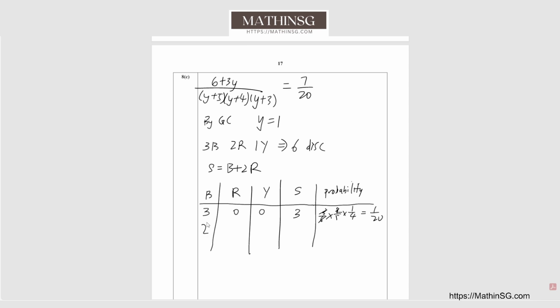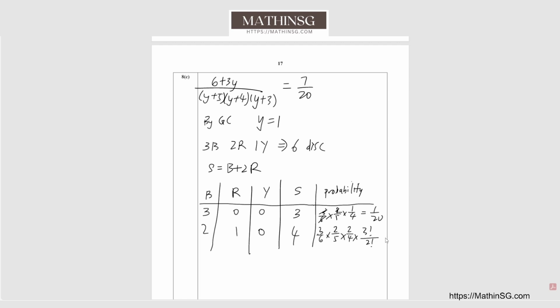Now let's have 2 blue. If I have 2 blue, I can have 1 red and 0 Y, and this will give me an S of 4. The probability will be 3 over 6 times 2 over 5, then because there are 2 red, it's 2 over 4. Then I'm going to select 3 discs, so 3 factorial, but 2 of them are of the same color, so divide by 2 factorial.